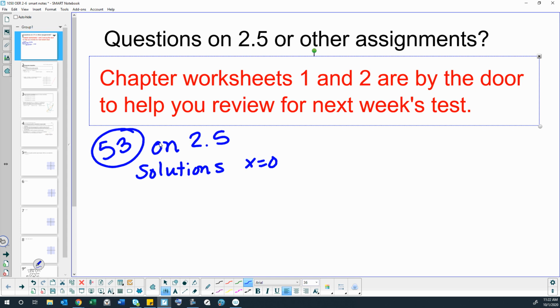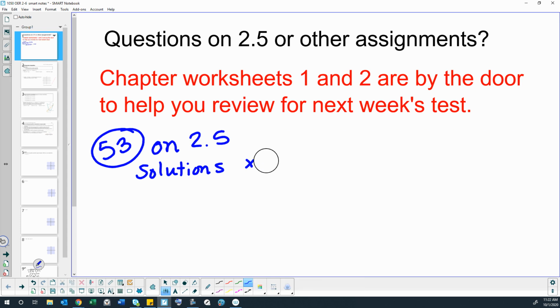But then, on the second part, it gives us a leading term with a degree of 5. That means we're missing a 0. Okay. So, solutions are x equals plus or minus 2 and plus or minus 7i.